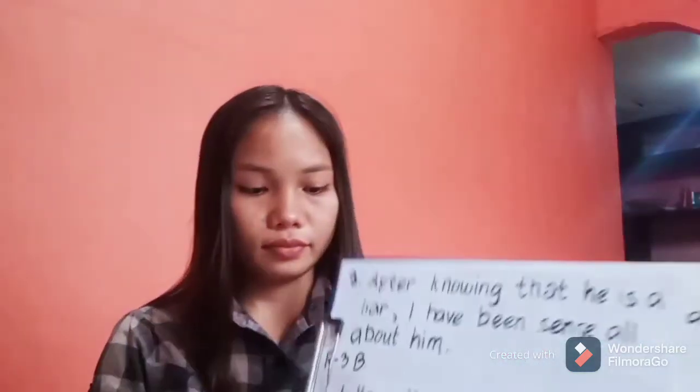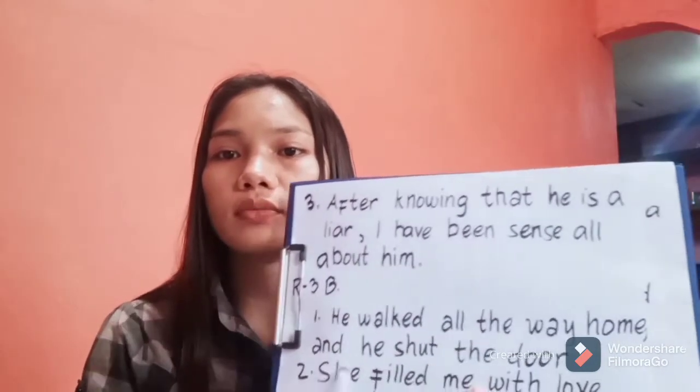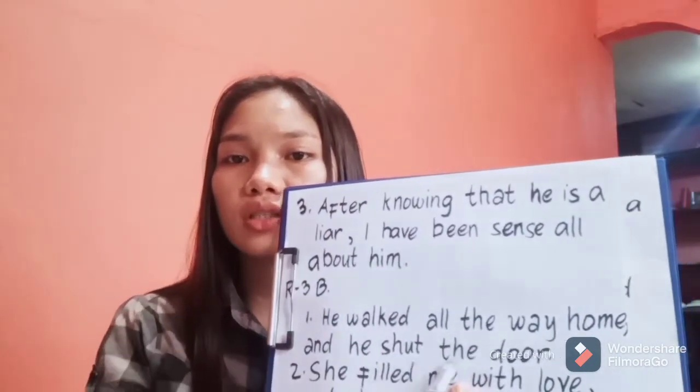Another rule, number 3B. In a sentence, when two independent clauses are joined by connectors such as and, or, but, etc., put a comma at the end of the first clause. For example, he walked all the way home, and he shut the door.